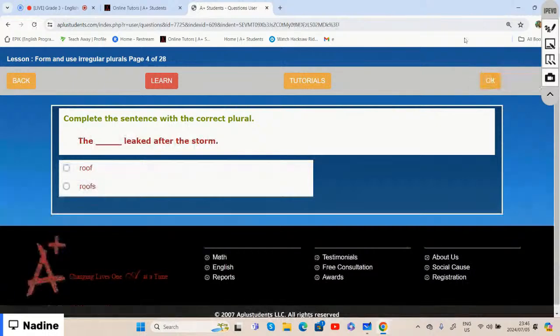We need to select the sentence with the correct plural. It says the roof leaked after the storm, or the roofs leaked after the storm. What is the plural of roof?